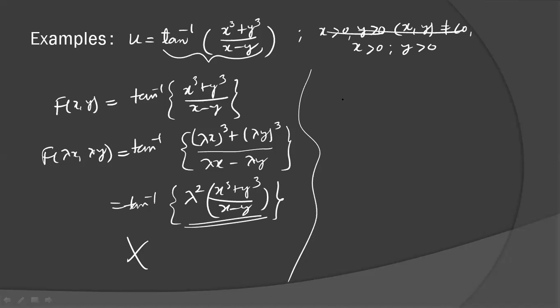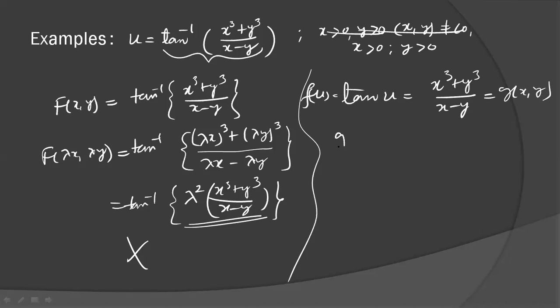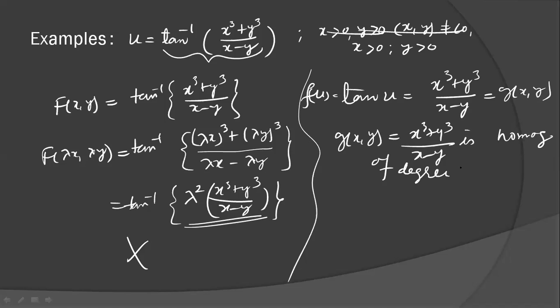So by taking the inverse, tan u is equal to (x cube plus y cube) over (x minus y). This is your g(x, y) now, and this is your f(u) now. So g(x, y) equal to (x cube plus y cube) over (x minus y) is homogeneous of degree 2. You can verify that.